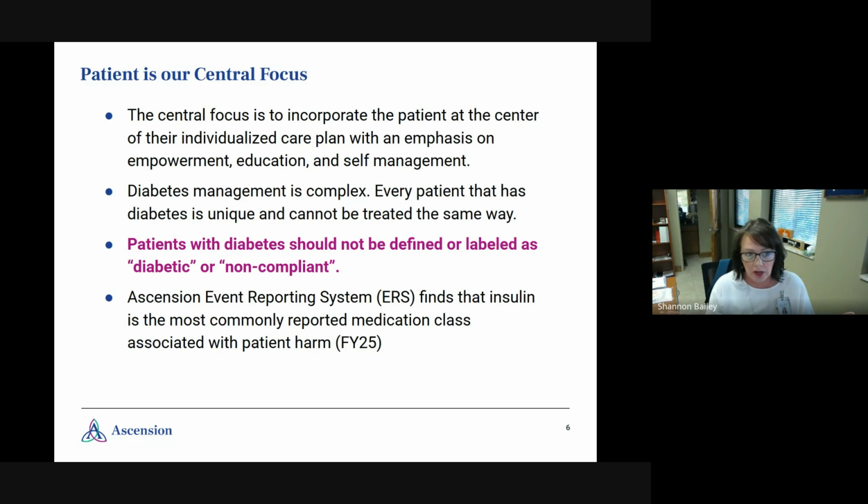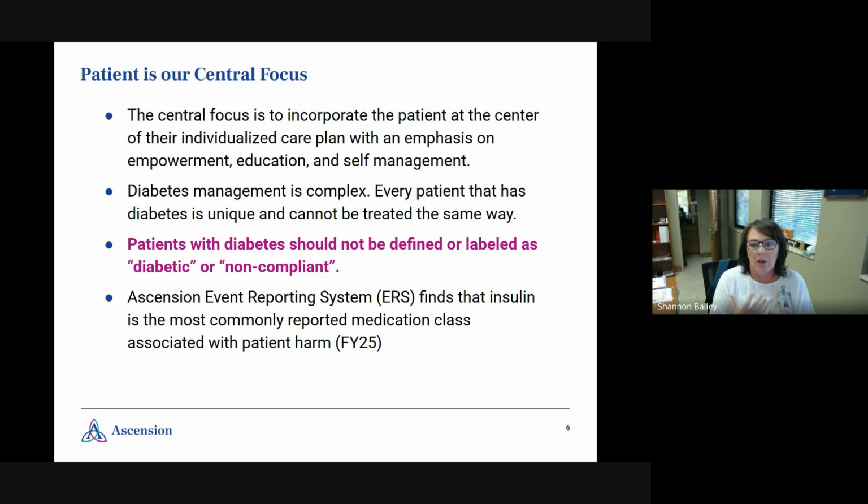which in the hospital they're not. So patients with diabetes should not be defined or labeled as quote unquote diabetic or non-compliant. This really just is a culture shift in how we talk to and talk about our patients that are living with diabetes. A lot of people with diabetes, when they hear the word, oh, you're diabetic, it feels like you're labeling them as their disease.